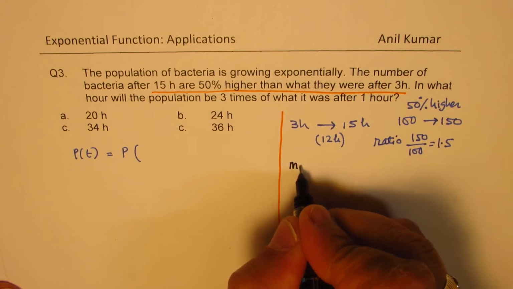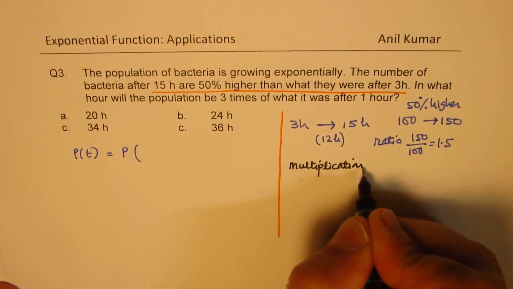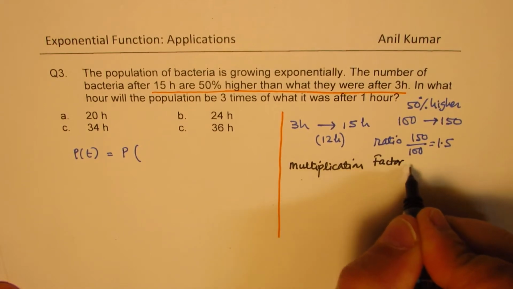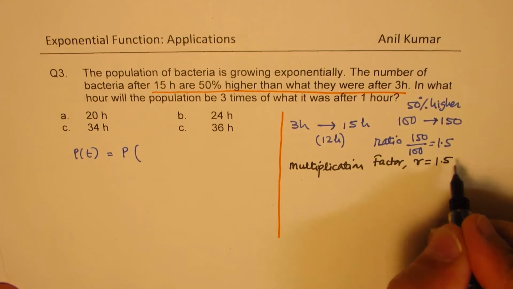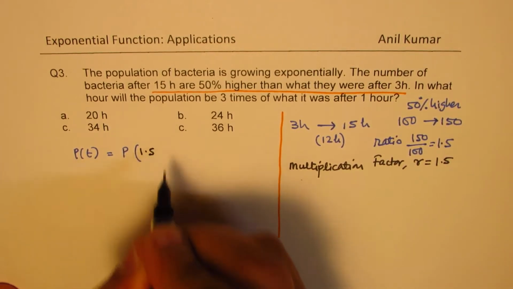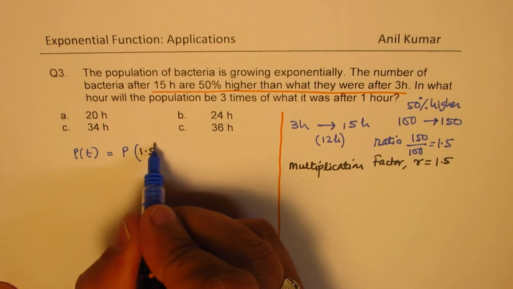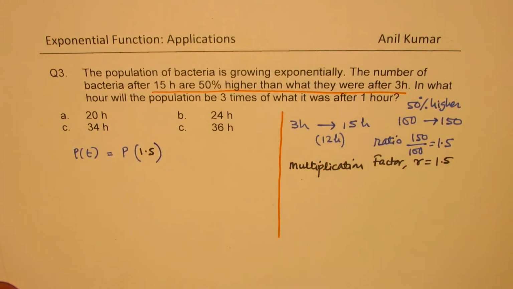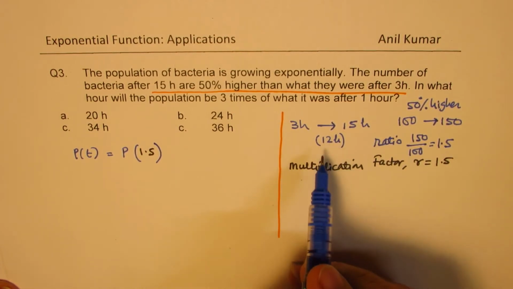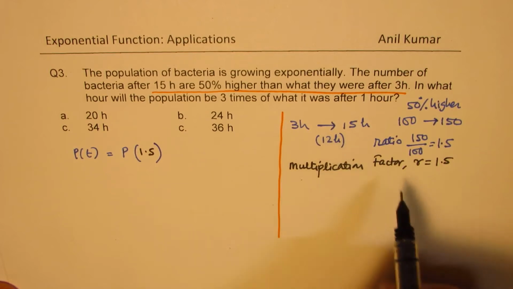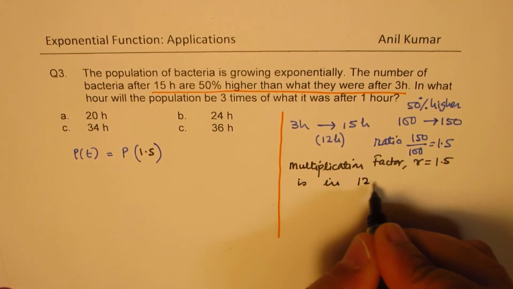So we have a multiplication factor, which we say is the rate of growth, 1.5 times. So we'll write 1.5 here. Do you understand how we get that R value from the given condition? Right? And this happened in what duration? In 12 hours. So this multiplication factor of 1.5 is in 12 hours.